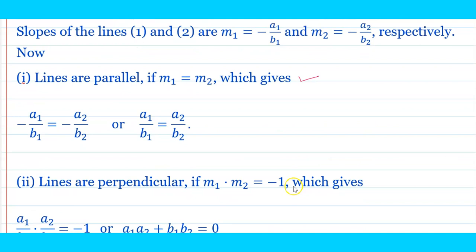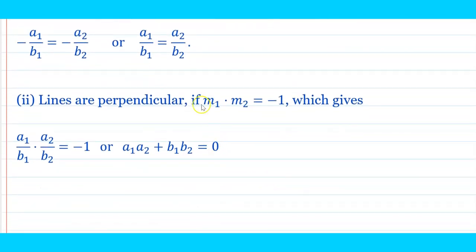Next, in the second condition, the lines are perpendicular. m1 into m2 is equals to minus 1. a1 upon b1 into a2 upon b2, that's equals to minus 1. And the product of these two means what? a1 into a2 upon b1 into b2, that's equals to minus 1.